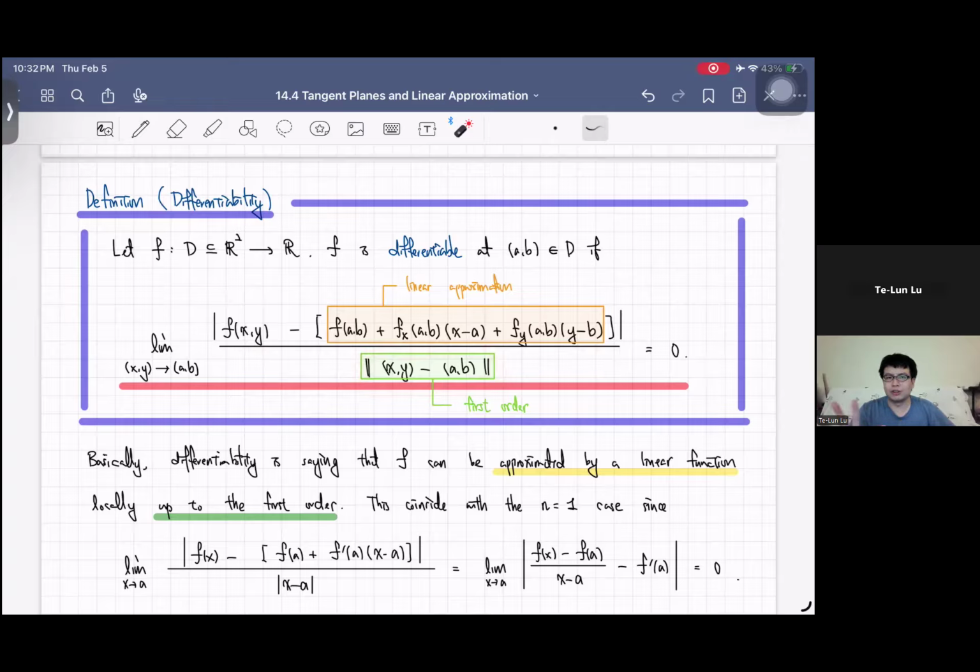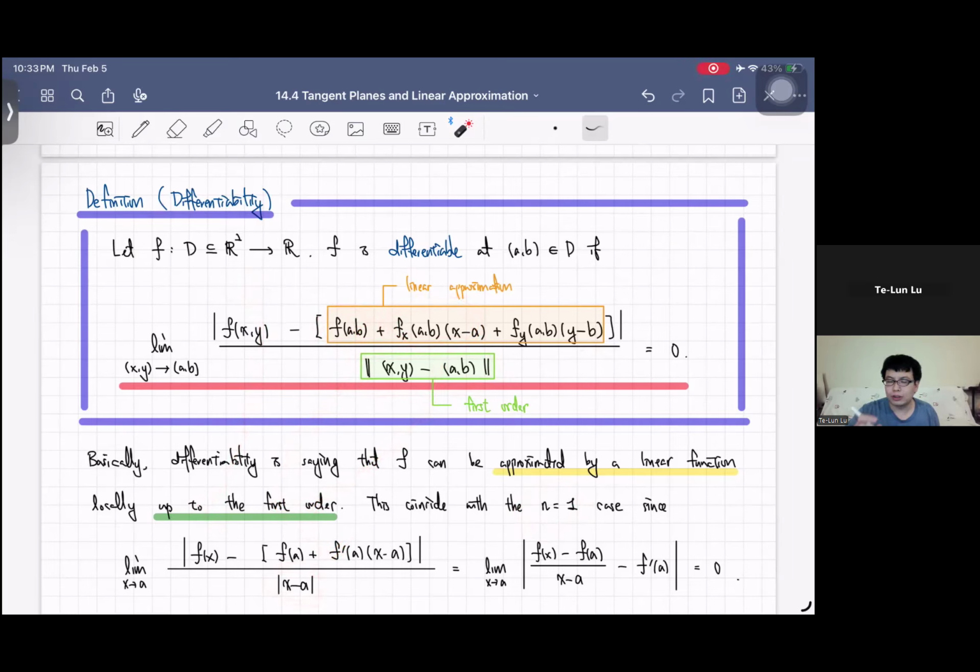So let us rewrite this definition and see that it actually matches up with the definition of our previous rephrase of the one-dimensional differentiability. So we see that when n equals to 1, this guy is simply the same thing, f of x, and this is f of a, right? And this would be f prime of a times x minus a divided by x minus a.